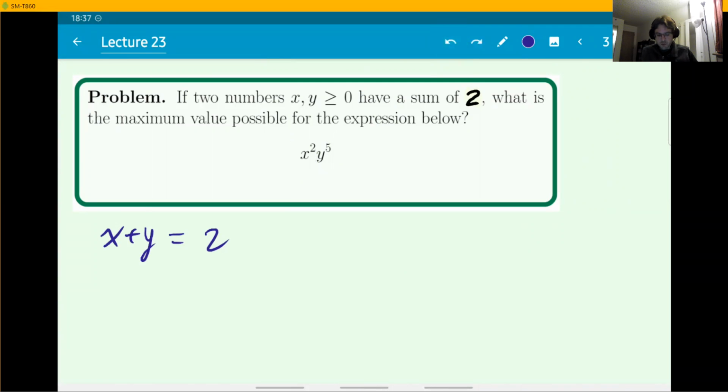So this time, how do we reason about this? Once again, at one extreme, if you make x as small as possible, x will be 0, making this entire thing 0. Similarly, if y is as small as possible, this is also 0. So the answer is going to be somewhere in between. But the y actually has larger power over x.